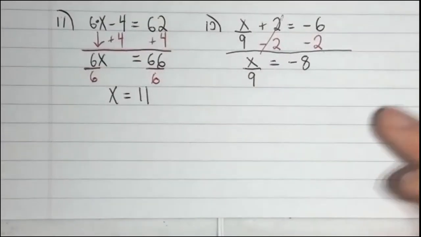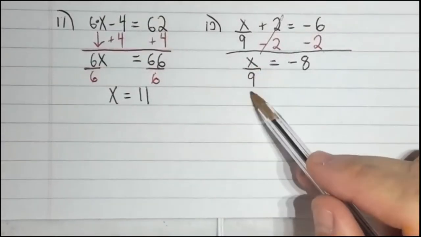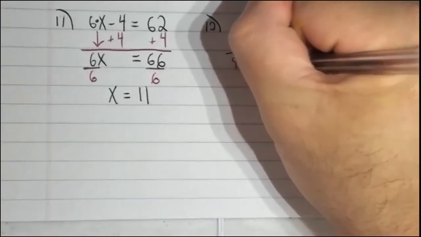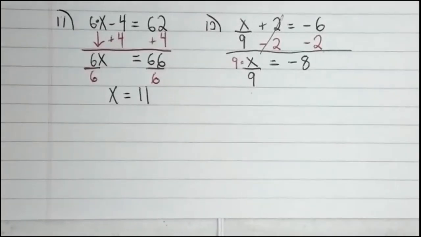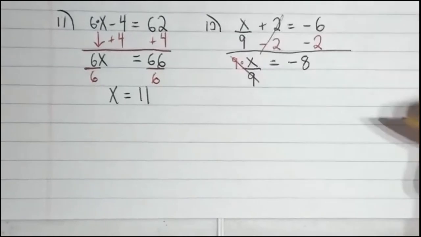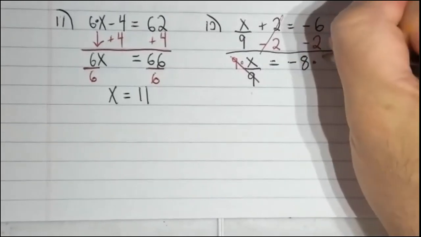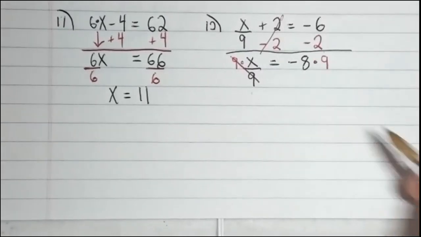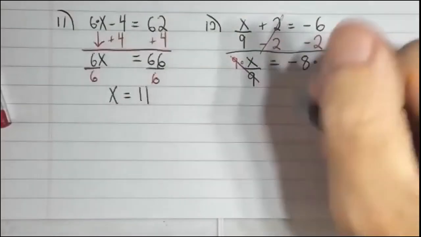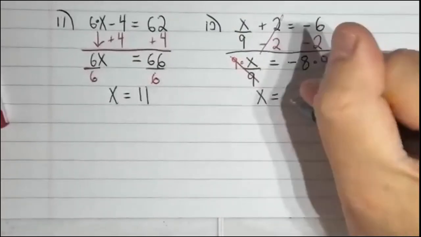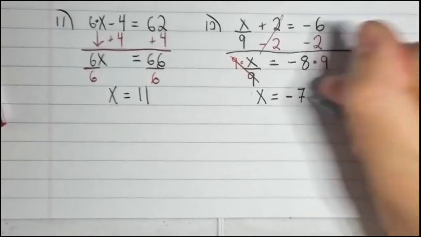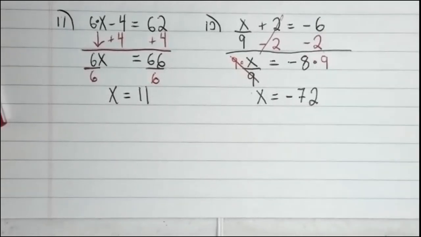That's my first step. And my second step is to get rid of the 9. Since it's being divided by 9, I have to multiply 9 to cancel those 9s out. And then I have to multiply 9 here to the negative 8. And negative 8 times 9 would give me a negative 72.